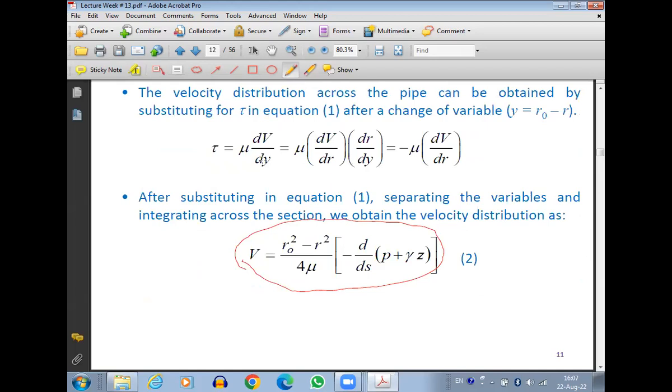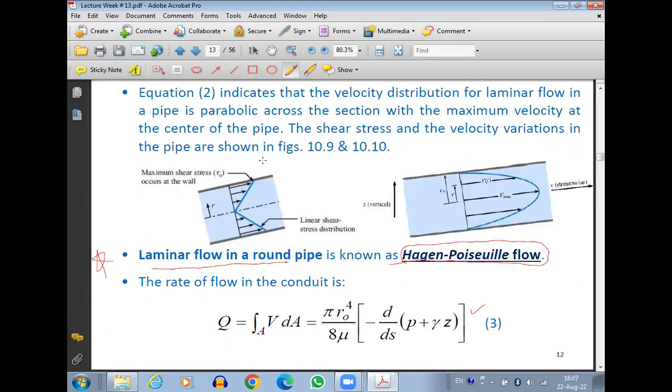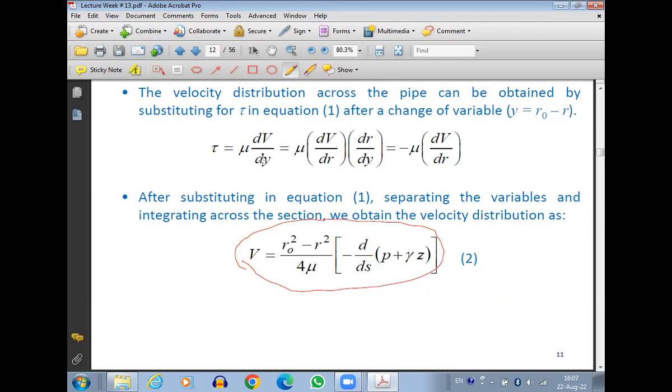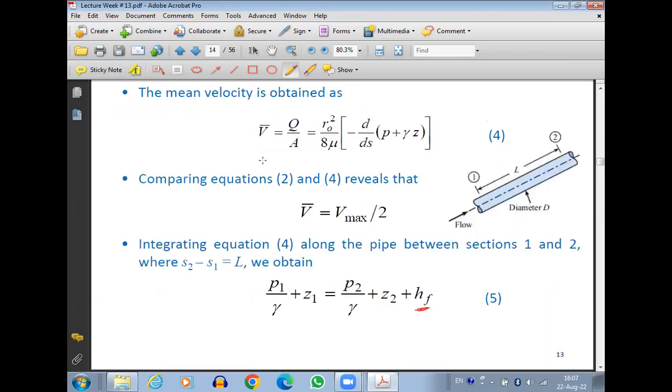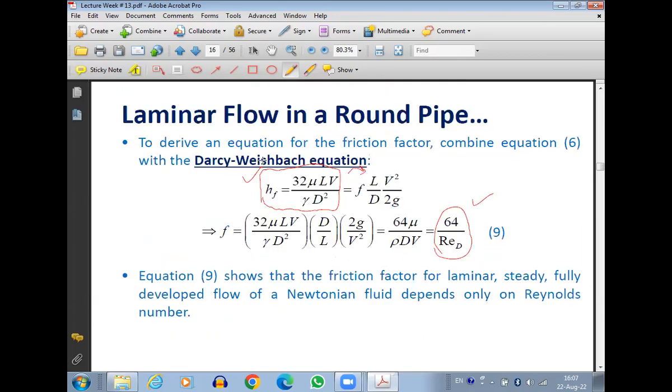But there are a few things that you have to remember. The first thing is, what is a Hagen-Poiseuille flow? Hagen-Poiseuille flow is a laminar flow in a round pipe. The second thing is, what is the Darcy-Weisbach equation? This is the general format of the Darcy-Weisbach equation. What are the terms within this equation? F is the friction factor, L is the length, D is the diameter, V is the velocity.